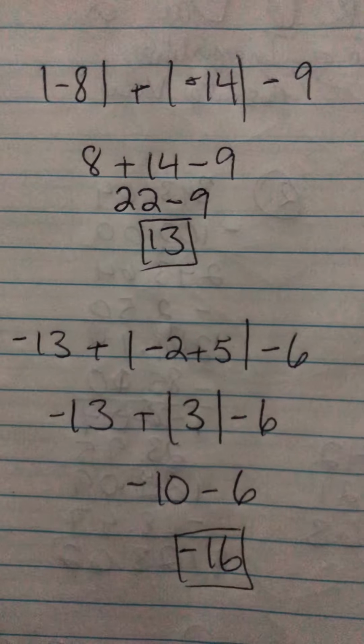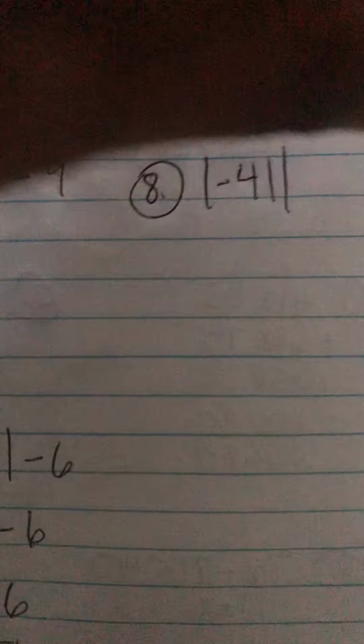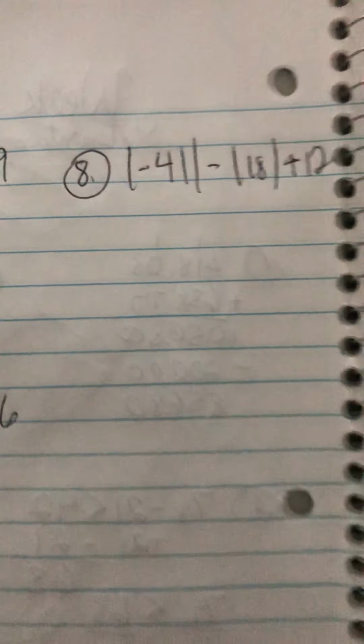All right, number 8. What's the solution? Let's go ahead and rewrite that over here. Number 8 is the absolute value of negative 41 minus the absolute value of 18 plus 12. We know the absolute value stays, but the minus right here is just the symbol.